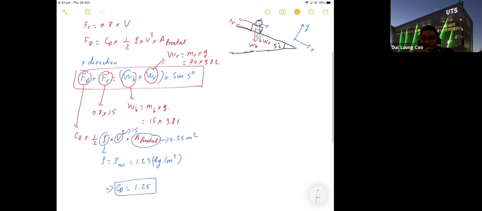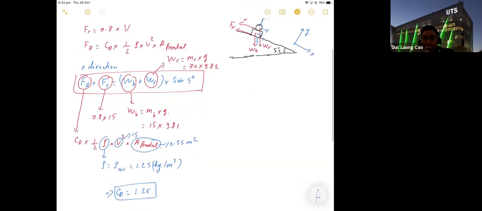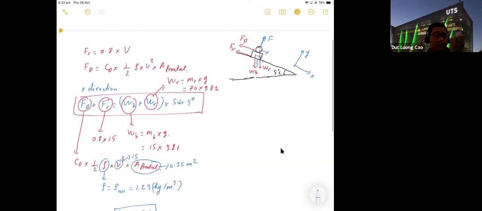Do you have any questions? Looks good. Okay, it's easy, yeah. Actually, I think external flow is easier than internal flow. Because for external flow, you only have 2 equations: drag force and lift force.